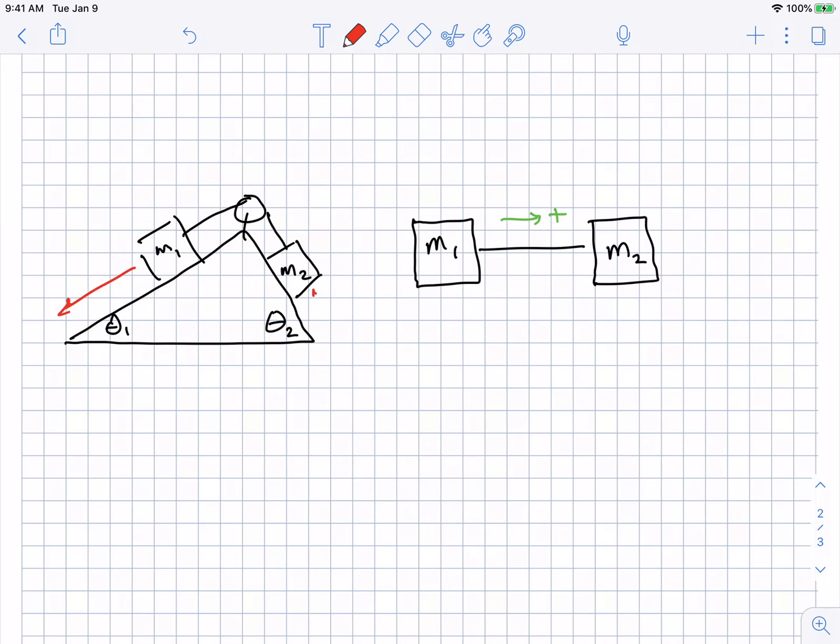In this case, I have two angled ramps. So this one is M1G sine theta 1. This one is M2G sine theta 2. I'm drawing it on this flattened axis.